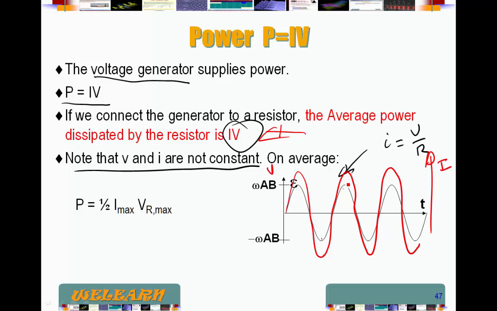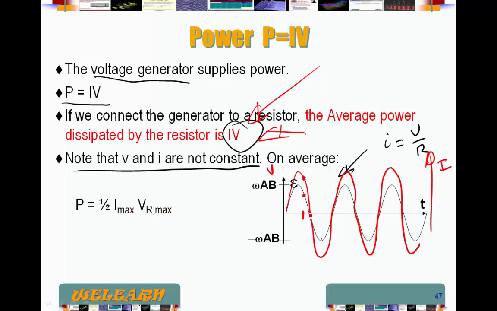If we multiply a positive number by a positive number, we get a positive number. Now, again, this expression, I times V for the power, is going to work all the time for every instant. The power dissipated at this instant is going to be this value of the voltage times this value of the current.